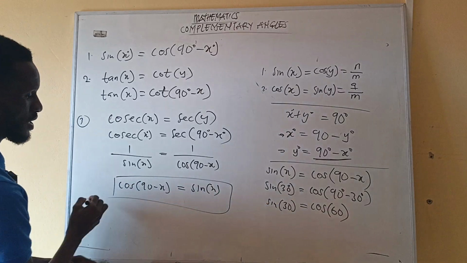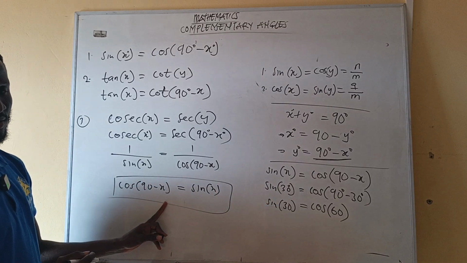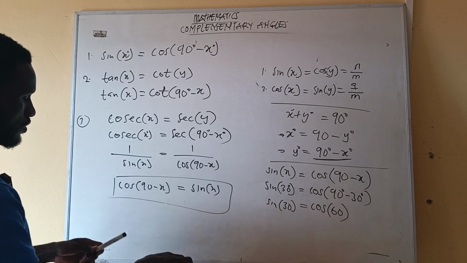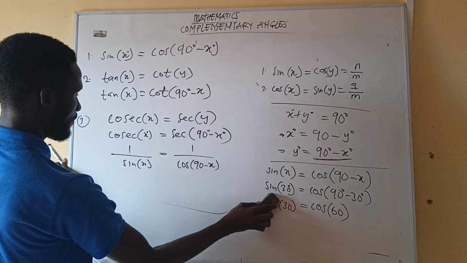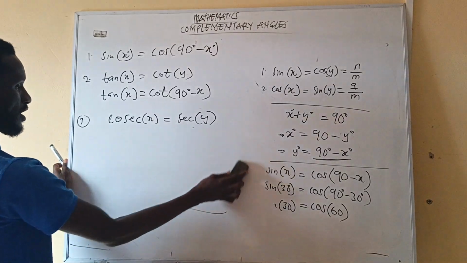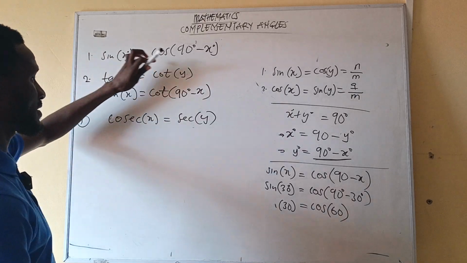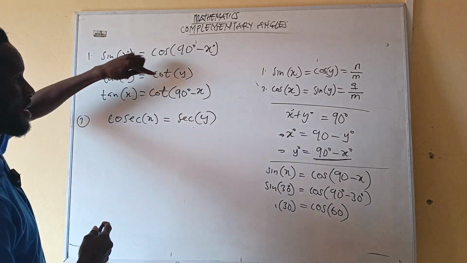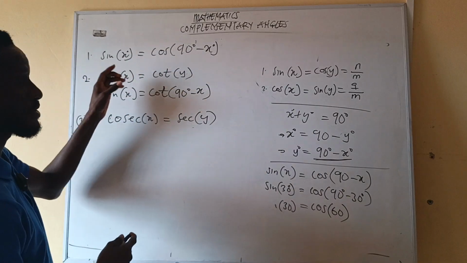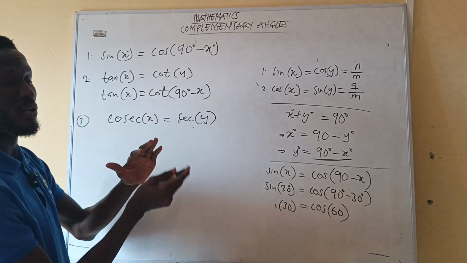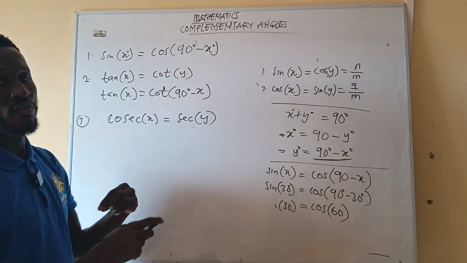Now look at this. How do we call this one? They are complementary angles, right? Yes. So it means that the complementary angle is not limited to only sine and cos. Tan and then cot are also complementary angles. You just have to subtract. If you want to change sine to cos or cos to sine, subtract the angle from 90.